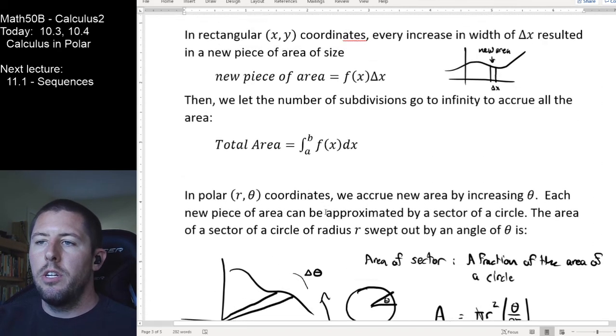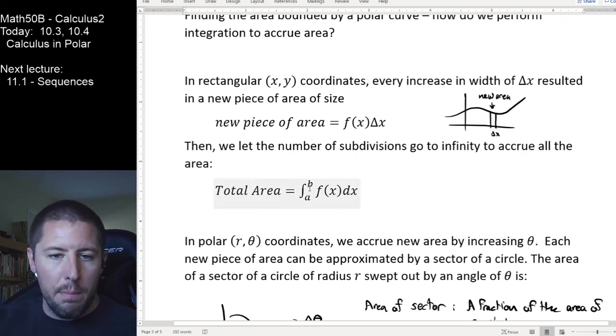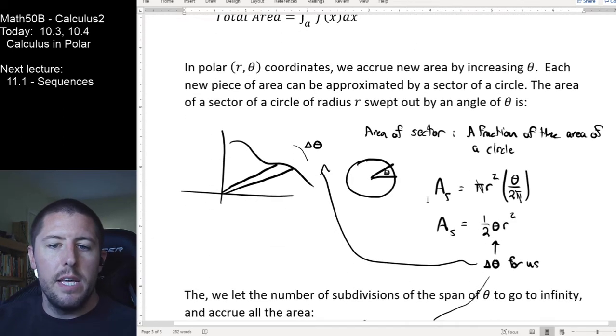And all we had to do was say, if the way that this works in rectangular is to build rectangular areas, then we want to add up an infinite number of rectangles where one of the parameters of the rectangle is infinitely small. Here, we do the exact same thing.